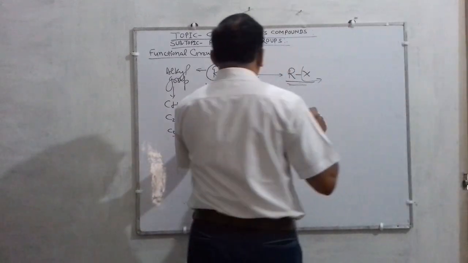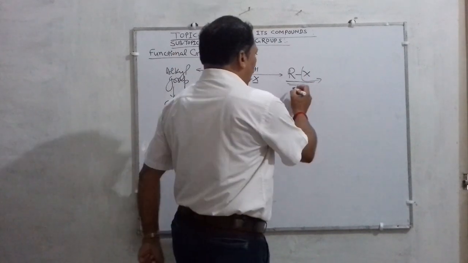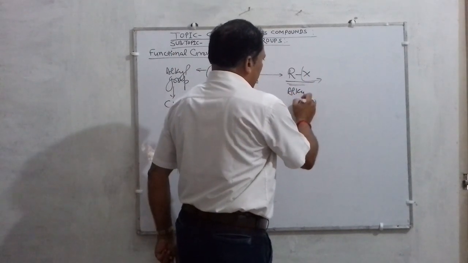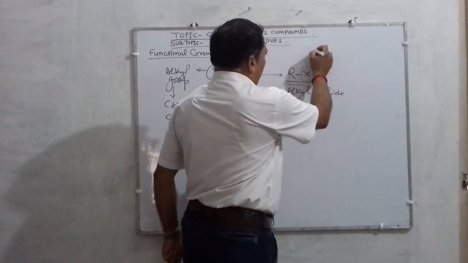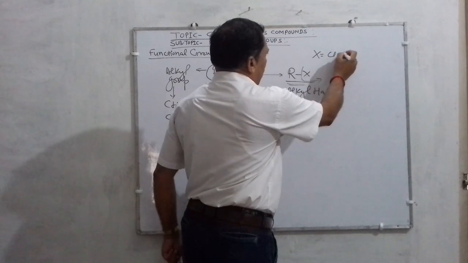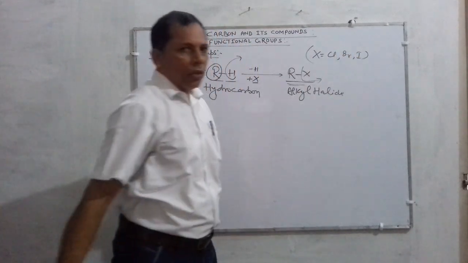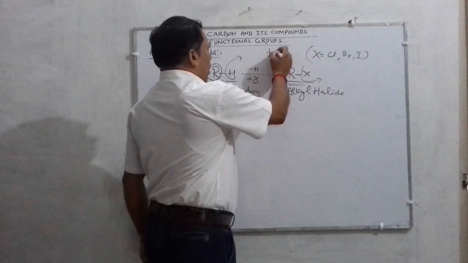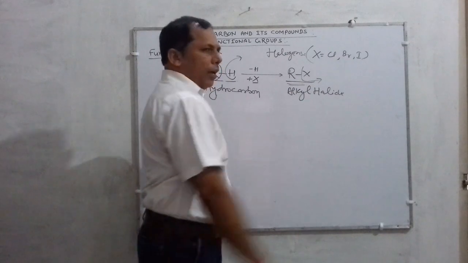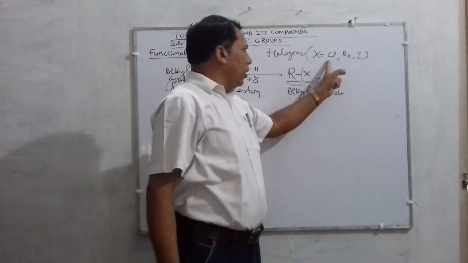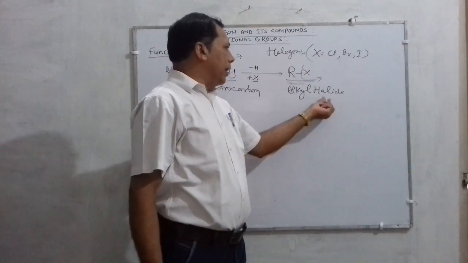So in this example, RH forms RX, and RX is called an alkyl halide, where X may be Cl, Br, or I. X represents all the halogens. By putting different values of X here, you will get different kinds of alkyl halides.